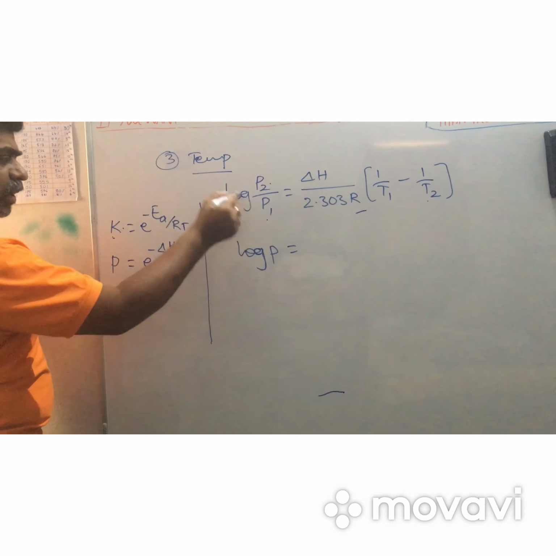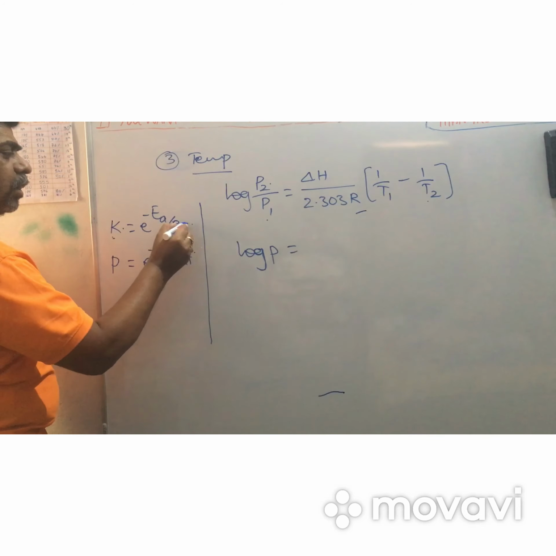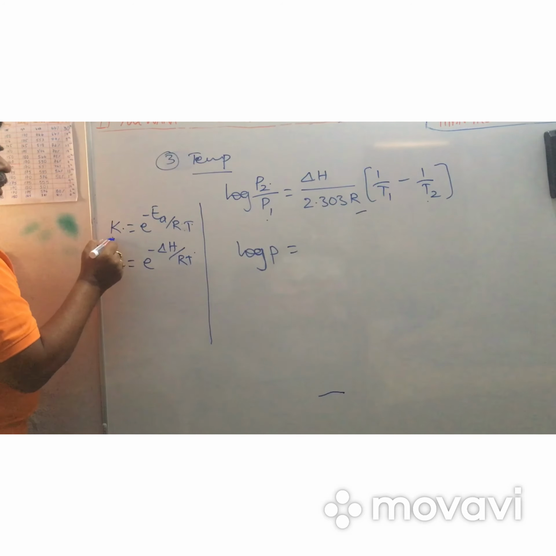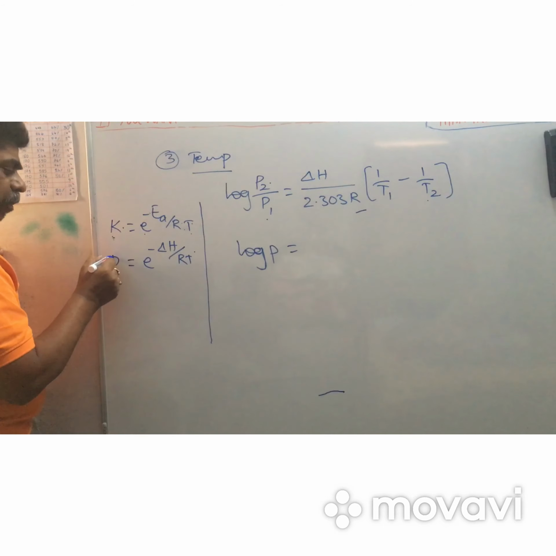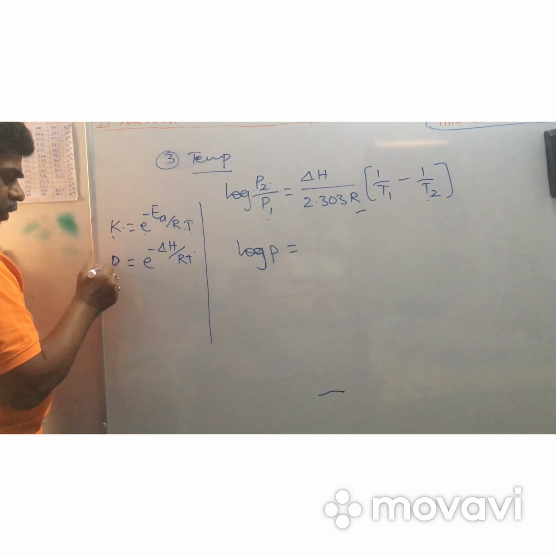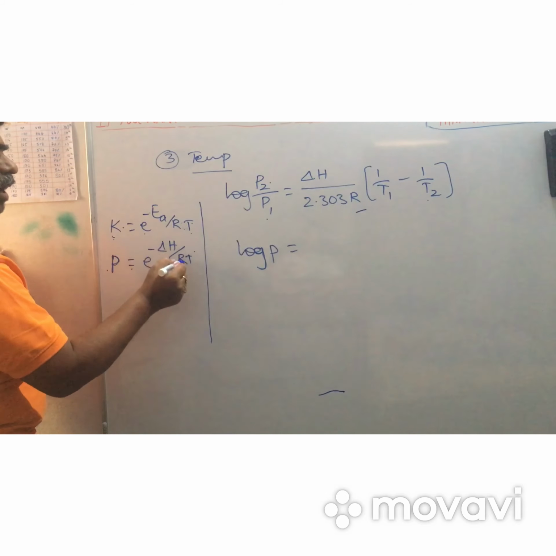This is the direct formula; I will tell you how we get it. In chemical kinetics the Arrhenius equation is K equal to A e to the power of minus EA by RT. Here pressure is equal to e to the power of minus delta H by RT.